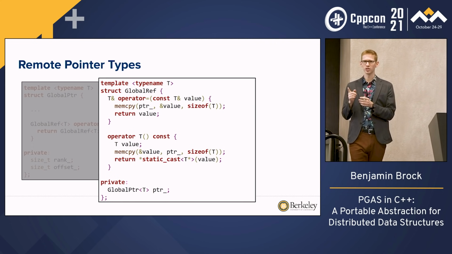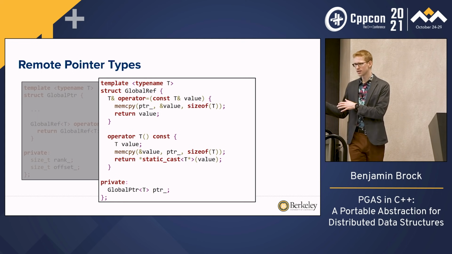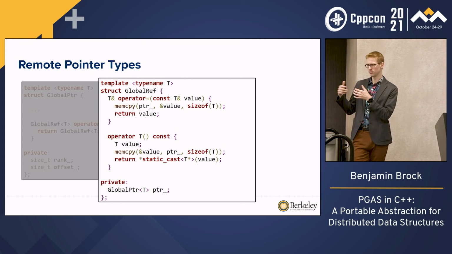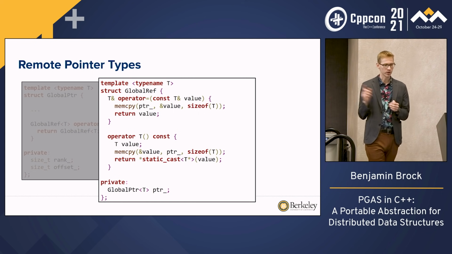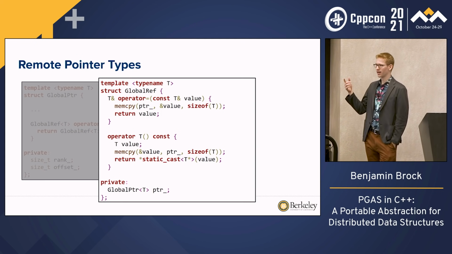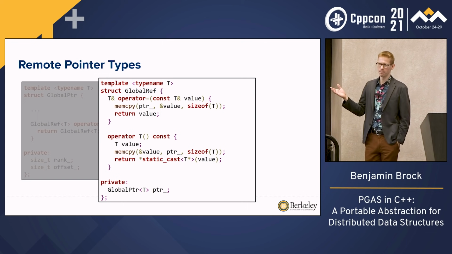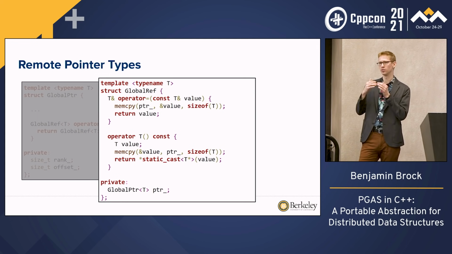Right. So the question was about metadata. If we resize the hash table, how do we make sure that everyone knows what the new sizes are? One of the limitations of this hash table design is that it is not dynamically resizable. If you want to resize the hash table to contain more elements, you need to have a collective resizing operation.